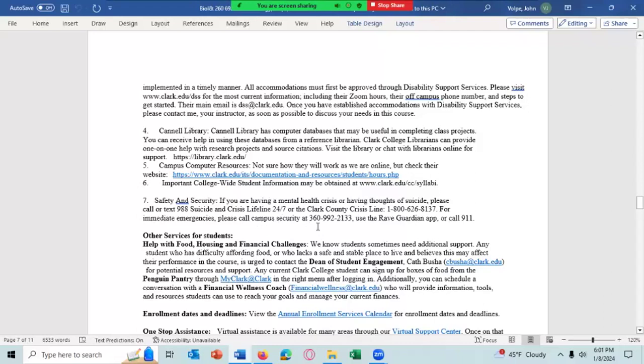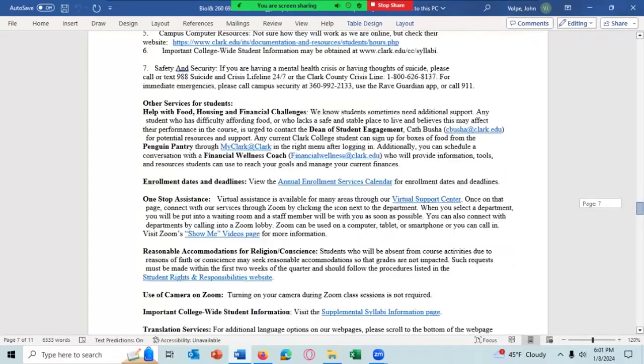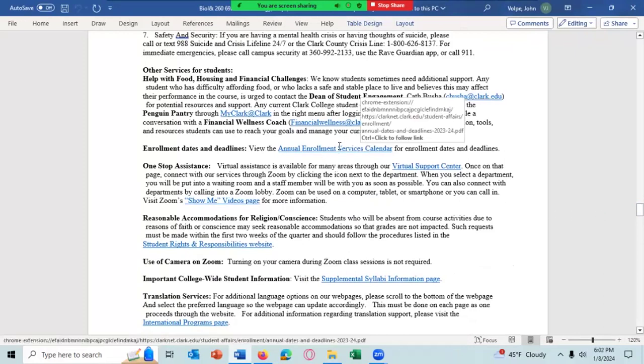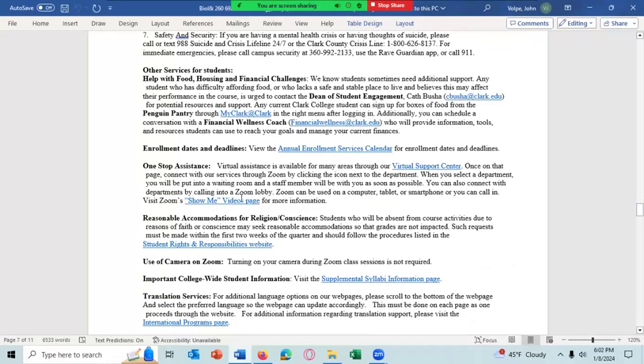I'll let you read about safety and security, other services for students. You should read about that. Enrollment dates and deadlines, you can click on that and find out about that. One-stop assistance, I'm going to let you read about that. Reasonable accommodations for religion or conscience, I'll let you read about that.